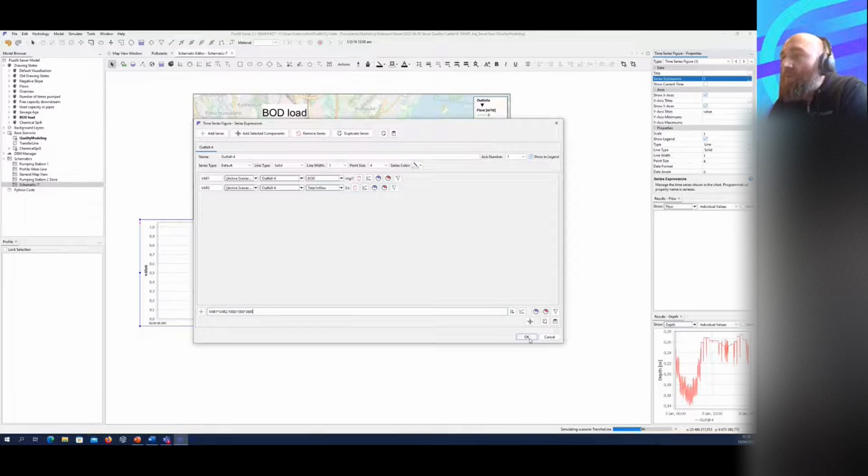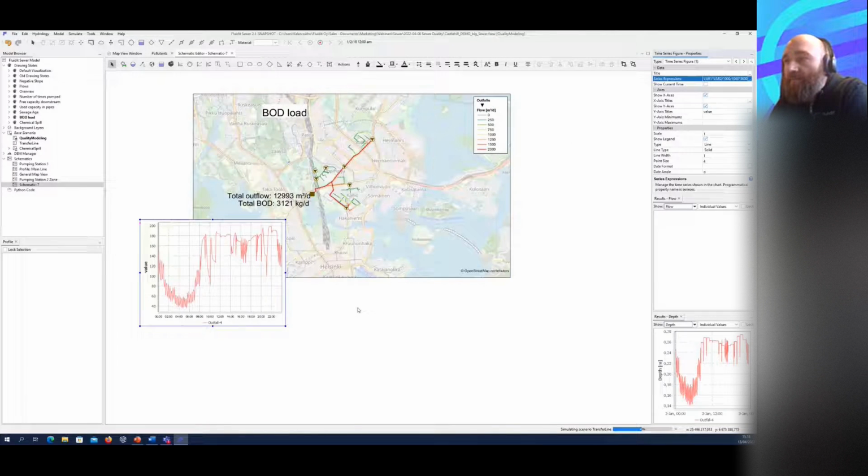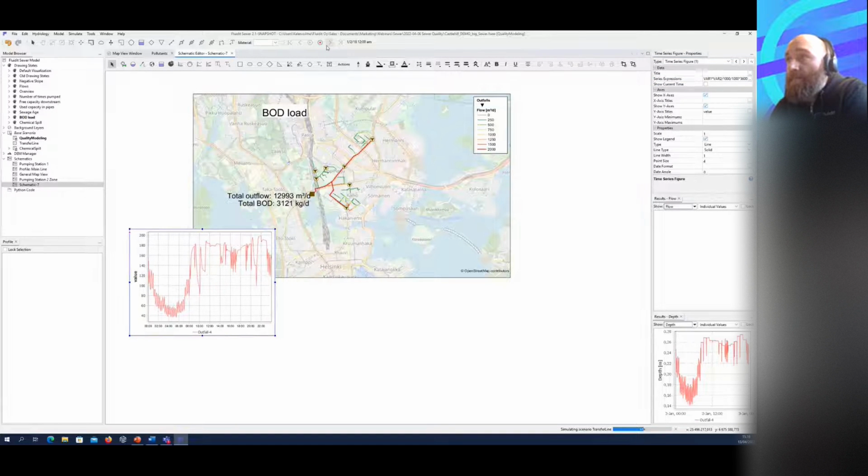So it's really powerful tool to show kind of the values that you want to have. So now I have this graph that shows the POD as kilograms per hour to the facility.